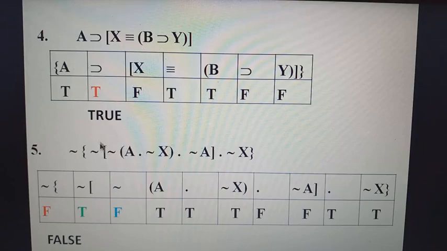When you are done with the brackets, you now go on to the braces. But take note, A dot negation X in this parenthesis, but everything in this parenthesis has been negated. Look at this. This negation is within the scope. Everything here is within the scope of this negation. So which means that everything you have here is negated.